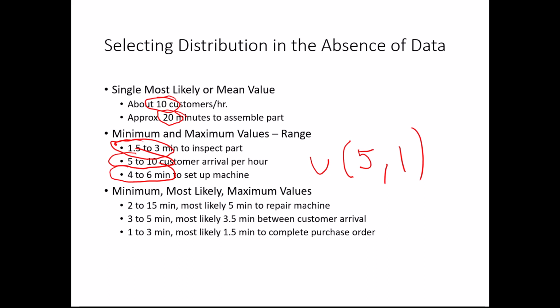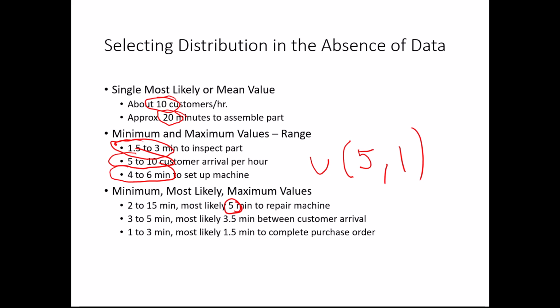Or if you know already through your interview that the minimum is 12 and the maximum is 15 to repair the machine, but the most likely to occur is 5 minutes.